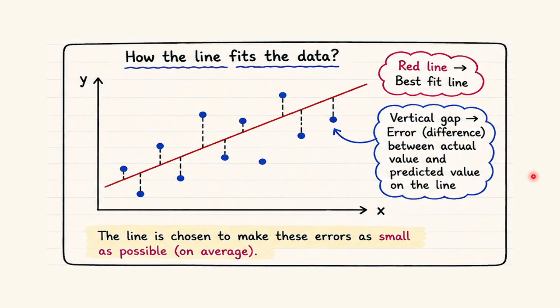It shows the difference between the actual value and the predicted value, right? So the line is chosen in such a way that these errors are minimized. In ordinary linear regression, the goal is to minimize the sum of squared residuals. So basically, the line tries to fit the data as well as possible.